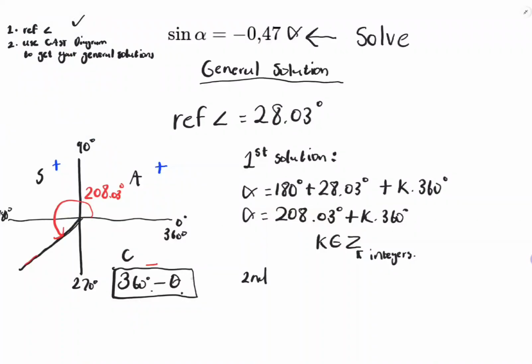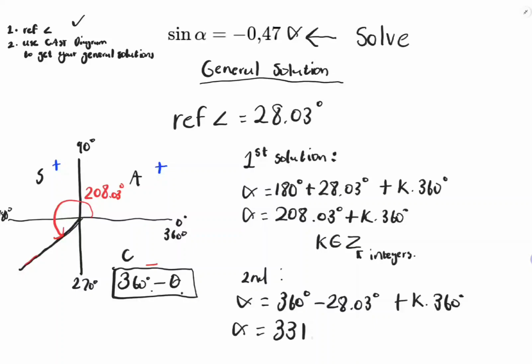For the second solution, we use the 360 degrees minus form. So the angle is going to be 360 degrees minus the reference angle that we solved, which is 28.03, plus k dot 360 degrees, which gives 331.97 degrees plus k dot 360 degrees.